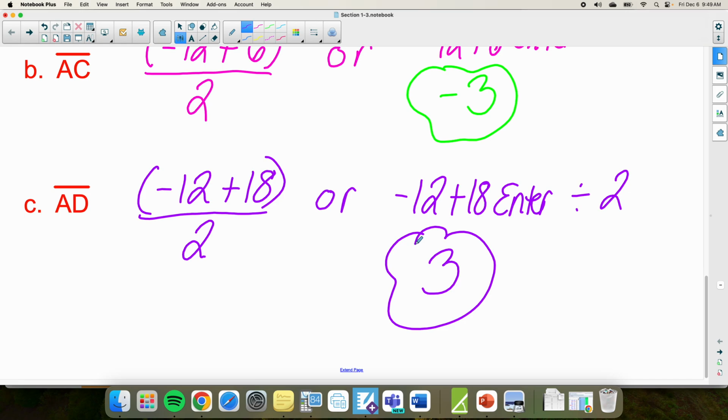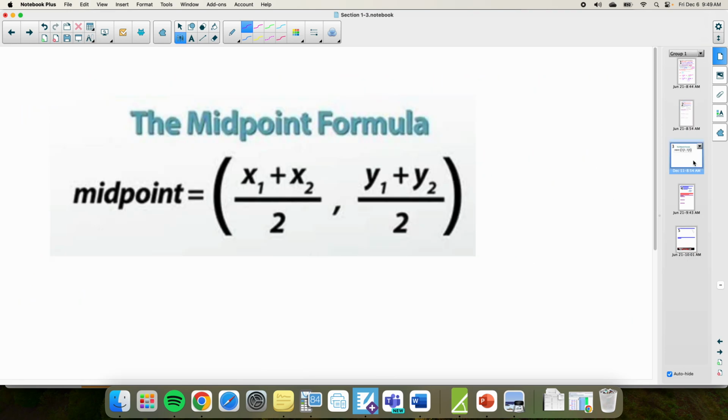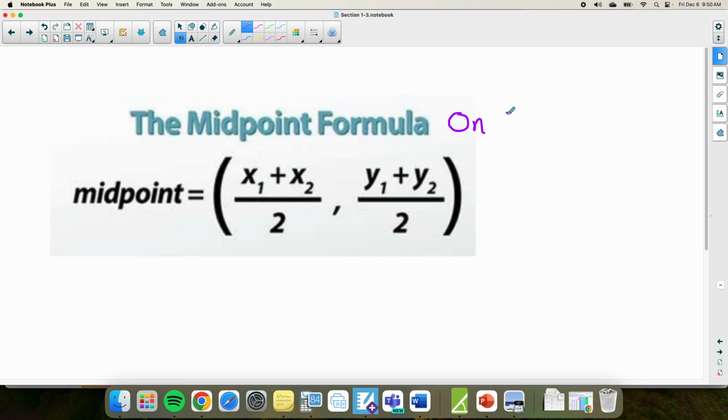Okay. So now what I'm gonna have you guys copy down on your sheet is this, and I want you to write on coordinate plane.